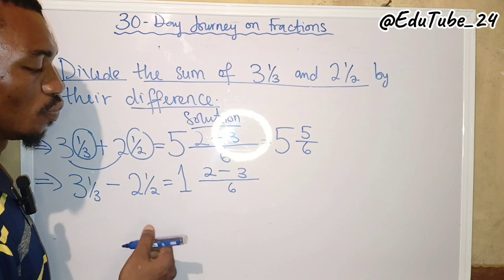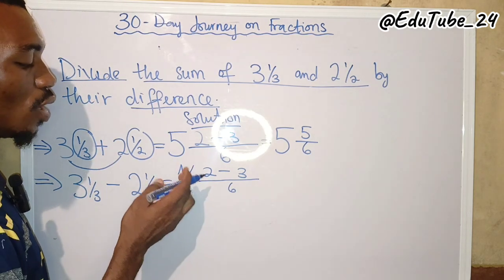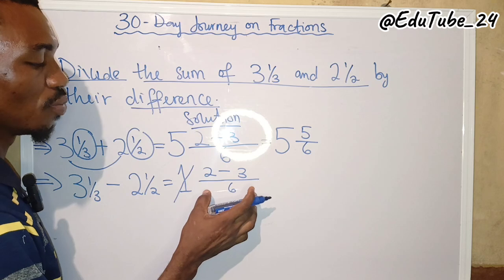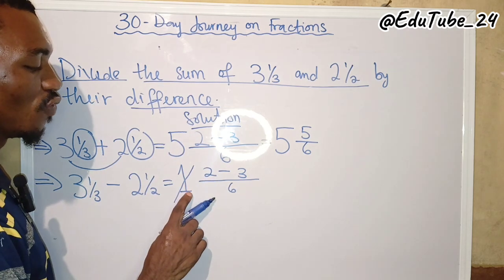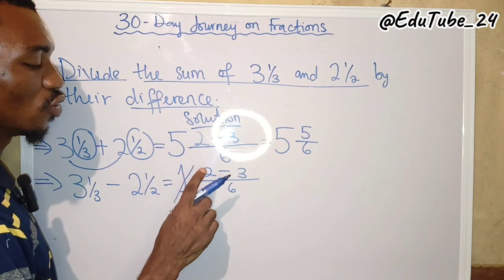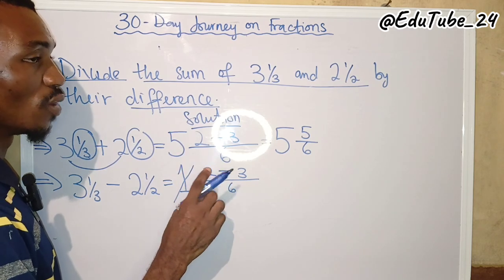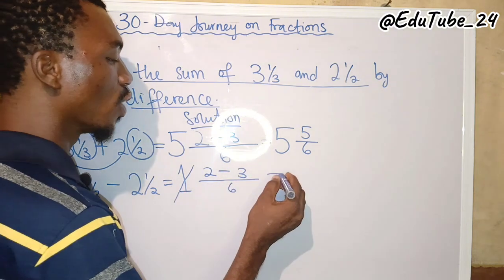So what do we do? We borrow from this 1, and anytime you borrow a whole number in a fractional problem, the whole number turns to the denominator. So borrowing 1 from here converts into the denominator, and then the denominator is added to this number to make it bigger and capable of subtracting this. What do I mean by that?